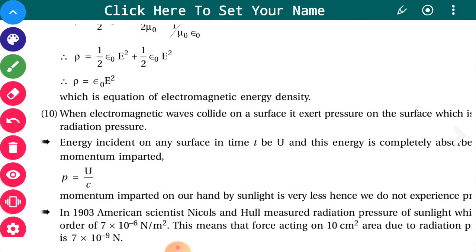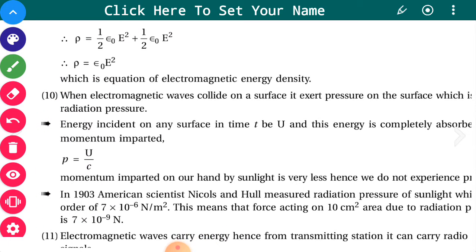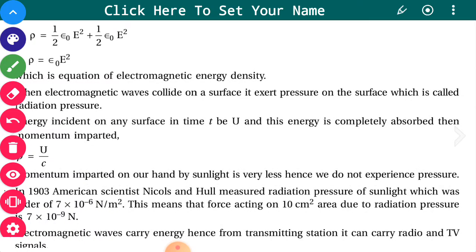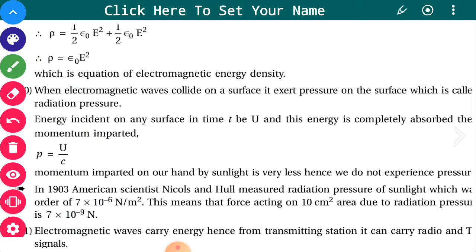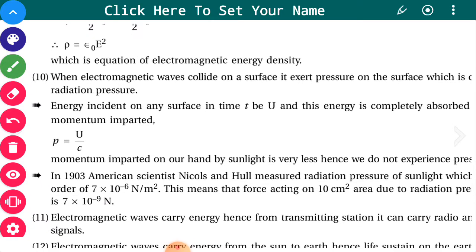Now 10th, when electromagnetic waves collide on a surface, it exerts pressure on the surface, which is called the radiation pressure. Energy incident on any surface in time t is U, and this energy is completely absorbed. Then momentum imparted will be P is equal to U upon C. All these things are the properties you just remember.